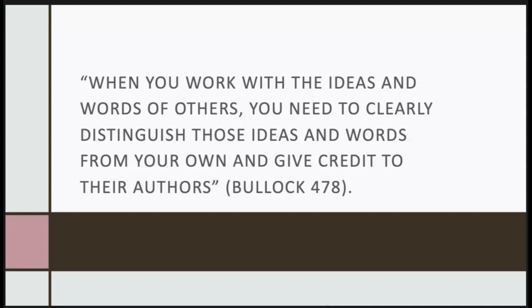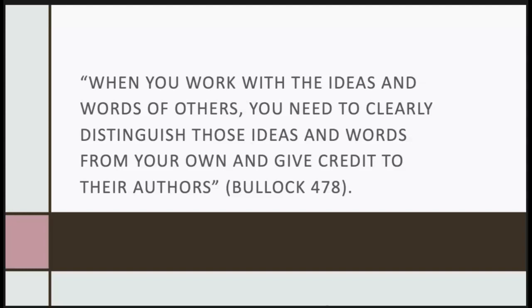Okay. One reason I have you use the method of writing your paper first and then adding in the research is so that you can avoid plagiarism. Now, everything you're adding into your paper from a source has got to be cited, because all of your words were used in the rest of the paper.